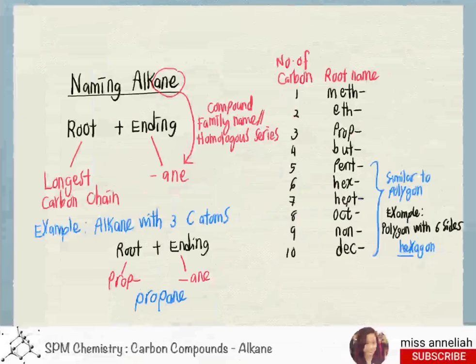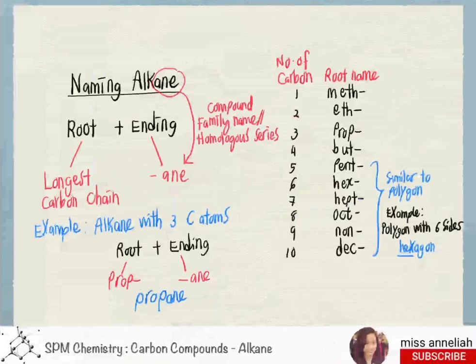Starting from 5 carbon atoms to 10 carbon atoms, the root name is very similar to polygons. For example, pentagon, pent for 5, hexagon, hex for 6, heptagon, hept for 7, octagon, oct for 8, nonagon, non for 9, and decagon, dec for 10.